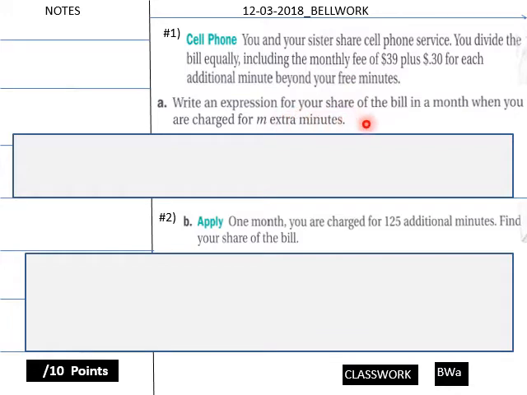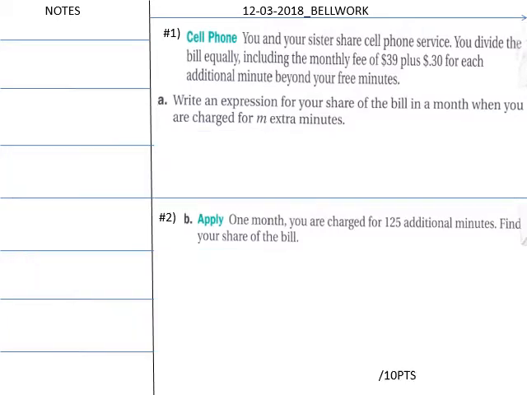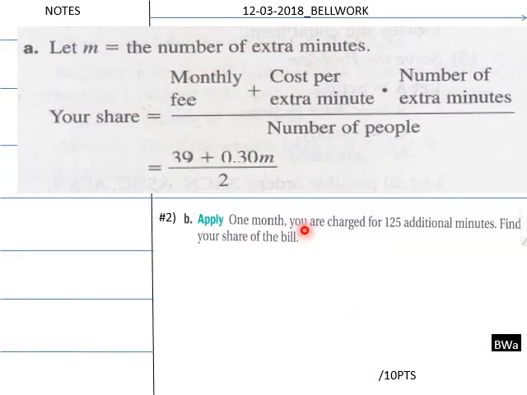Write an expression for your share of the bill in a month when you are charged for M extra minutes. So put that here. And then, students, down here: apply. One month you are charged for 125 additional minutes. Find your share of the bill. Give your students about 5 minutes for this, teachers. See you in 5. Okay, everybody, welcome back for our solutions.